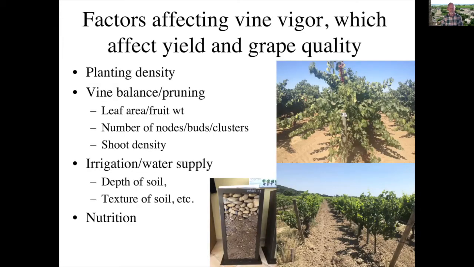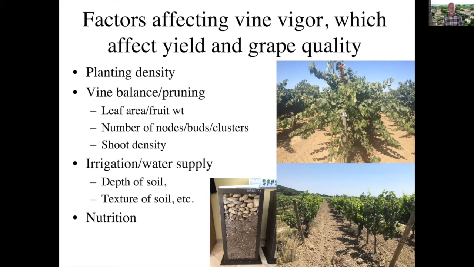Factors affecting vine vigor also affect yield and grape quality. This is affected by your planting density and by something called vine balance, which is determined in part by pruning. These terms can be defined by the amount of leaf area per the amount of fruit weight.